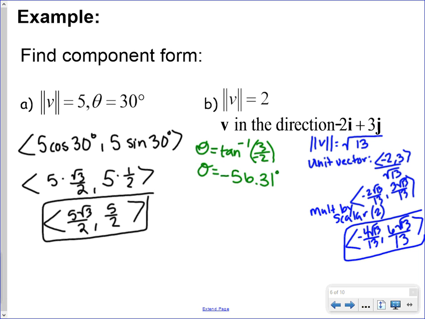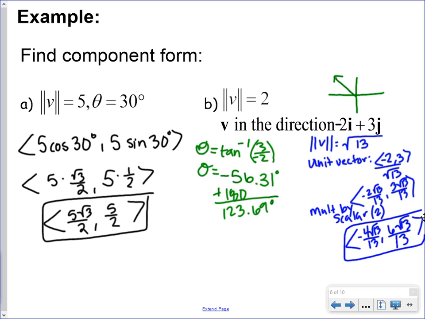So you can find the angle, and then remember that because we're doing arctangent in the calculator, we have to consider where v is actually located. Since it's negative 2i plus 3j, it should be in quadrant 2. So we would add 180 to that. Our real direction angle is 123.69. Okay.